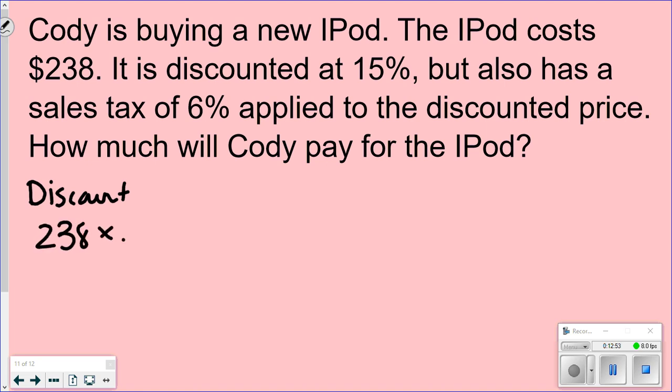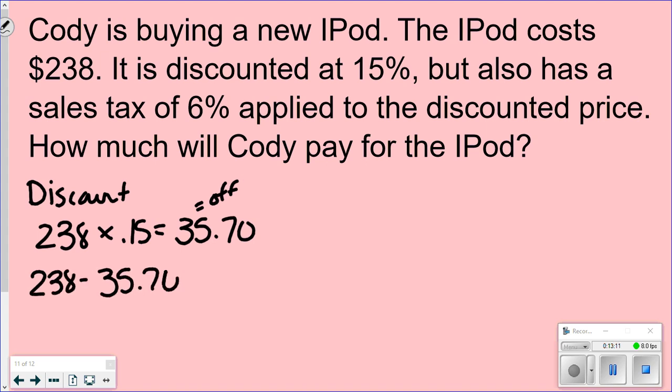238 times 0.15. I get 35.70, I believe. Okay, so this is what you get off. So you would take 238 minus 35.70. And I get $202.30.